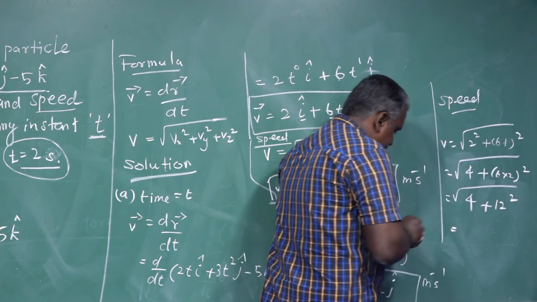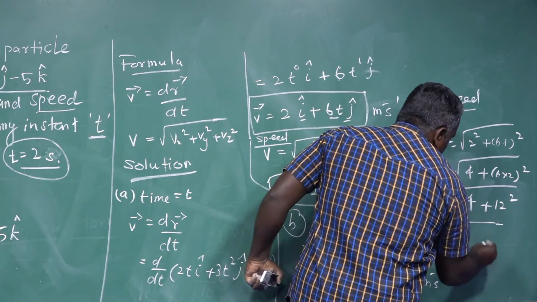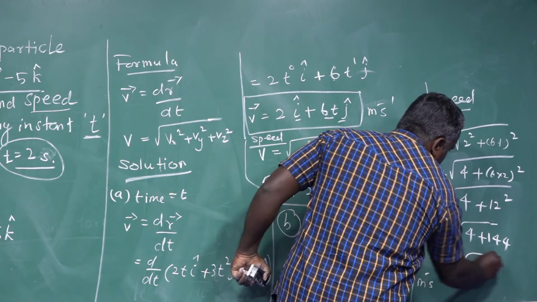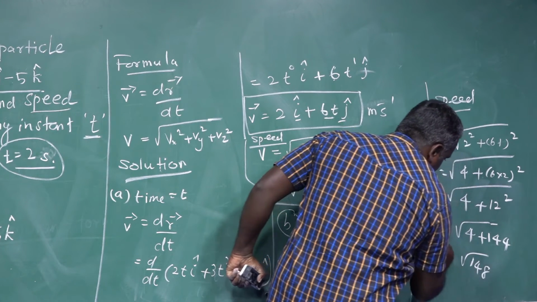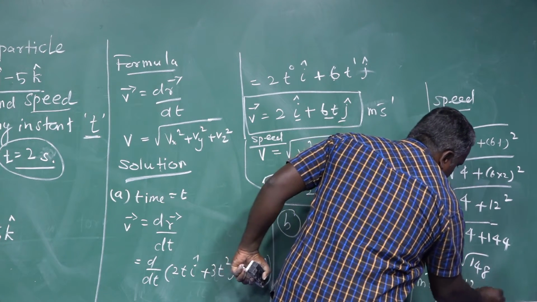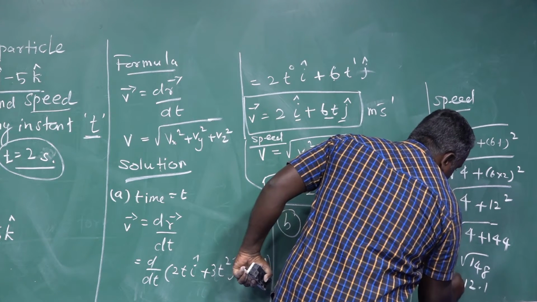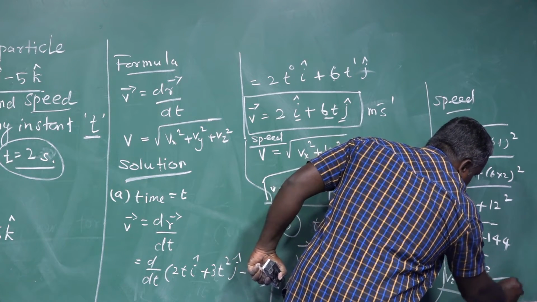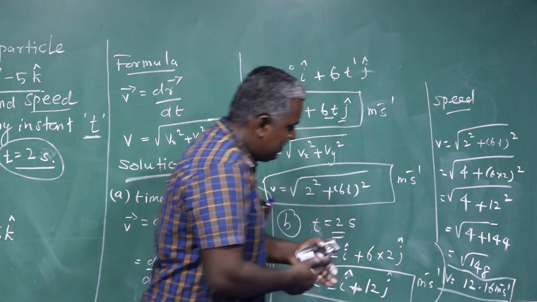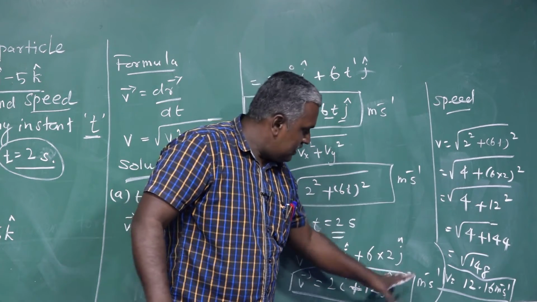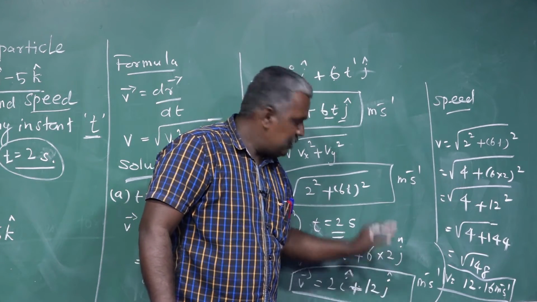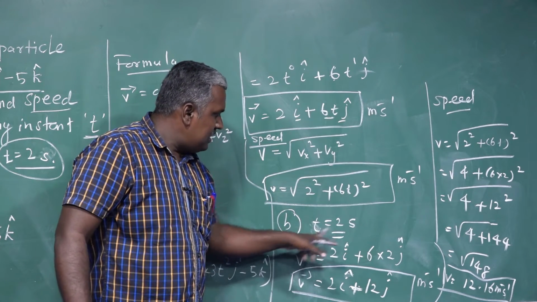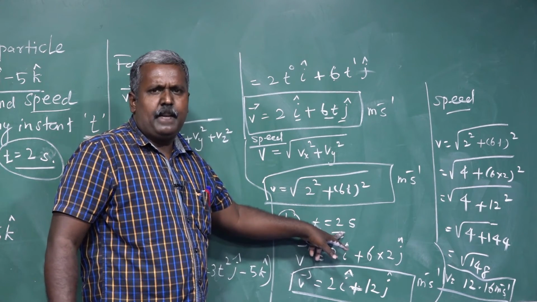So root of 4 plus 144, which is root of 148, equal to 12 point something. So 12.16 meter per second. That is the value of speed at time t equal to 2 seconds.